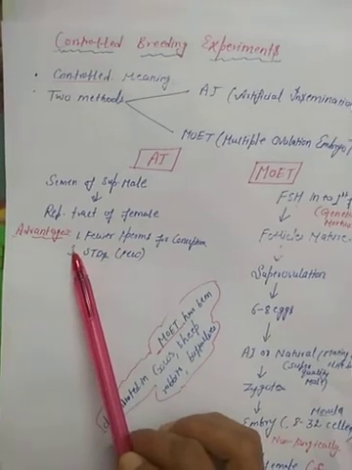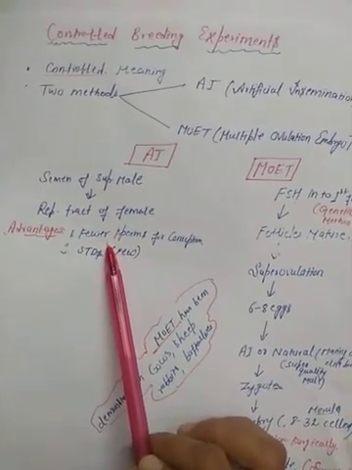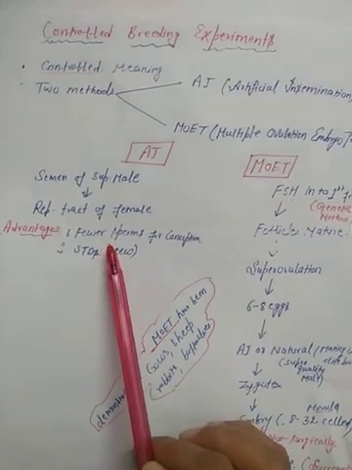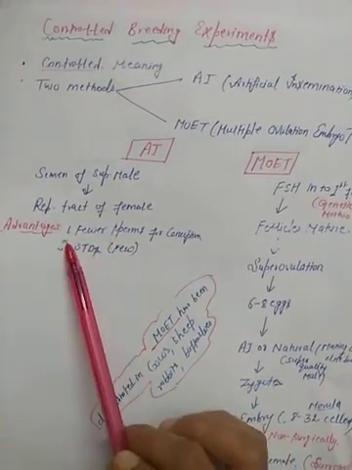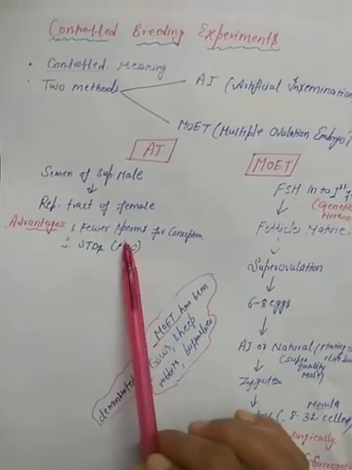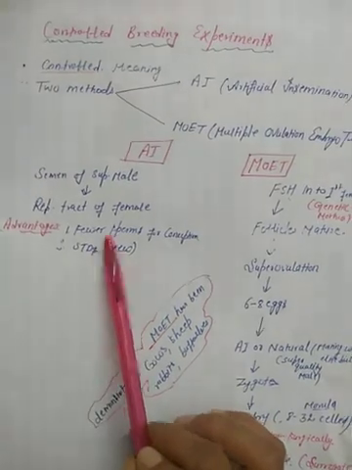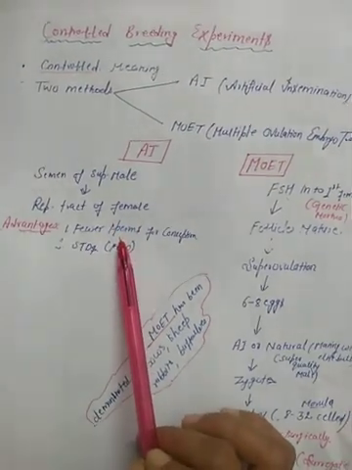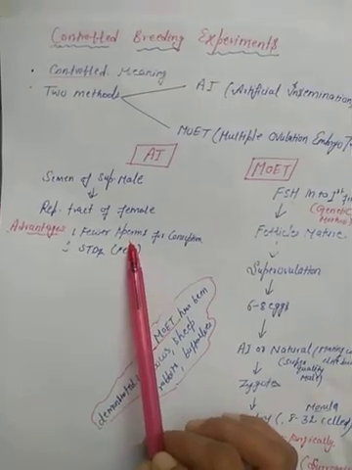In natural conditions, what happens actually? Maximum sperms are released, but only some of them are capable of fertilization. Here, already viable sperms are taken and injected into the female, so fewer sperms are needed.